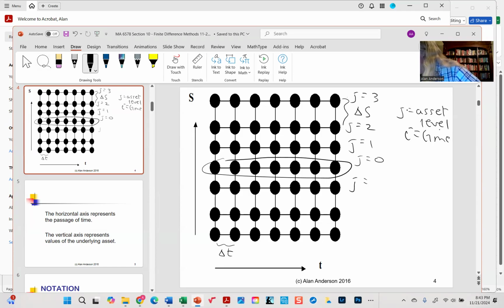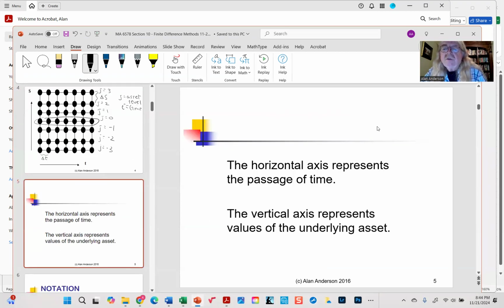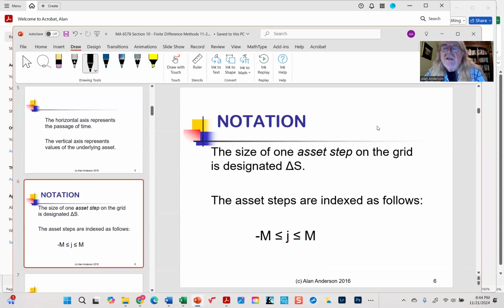And then here you'll have j equals -1, -2, -3. So here you would define capital M as 3 because that limits the number of upward and downward steps to 3. So when you see the code, you'll see that capital M represents the maximum number of upward or downward movements.